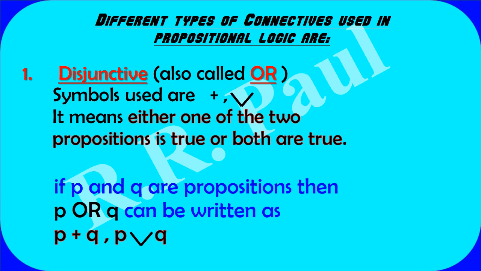It means either one of the two propositions is true or both are true, which means if P and Q are propositions, then P or Q can be written as P plus Q, P V type symbol Q. Just notice that this V type symbol is slightly spread out from the top portion. It is not exactly a V symbol. So take notice of that thing so that when you write that symbol in your copy, you write it correctly.